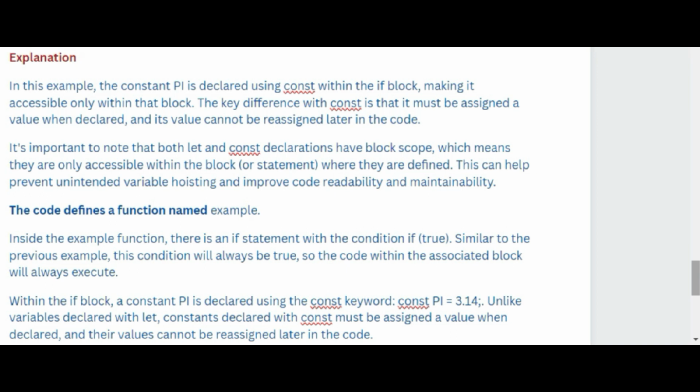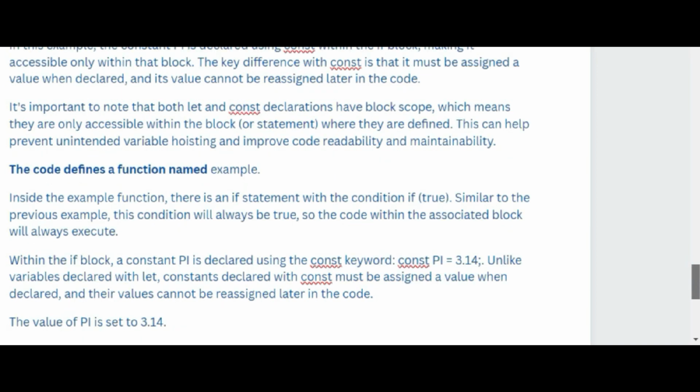The code defines a function named example. Inside the example function there is an if statement with the condition if true. Similar to the previous example, this condition will always be true, so the code within the associated block will always execute. Within the if block, a constant pi is declared using the const keyword: const pi = 3.14.